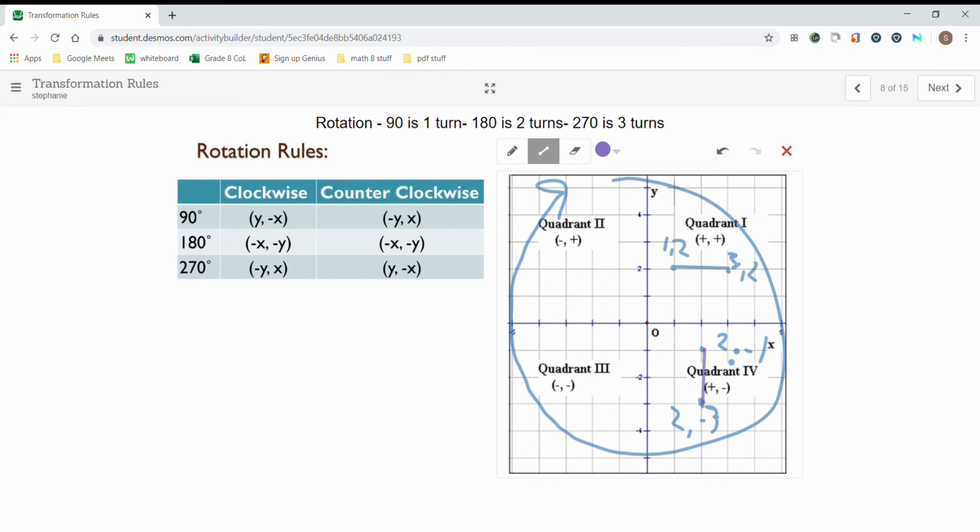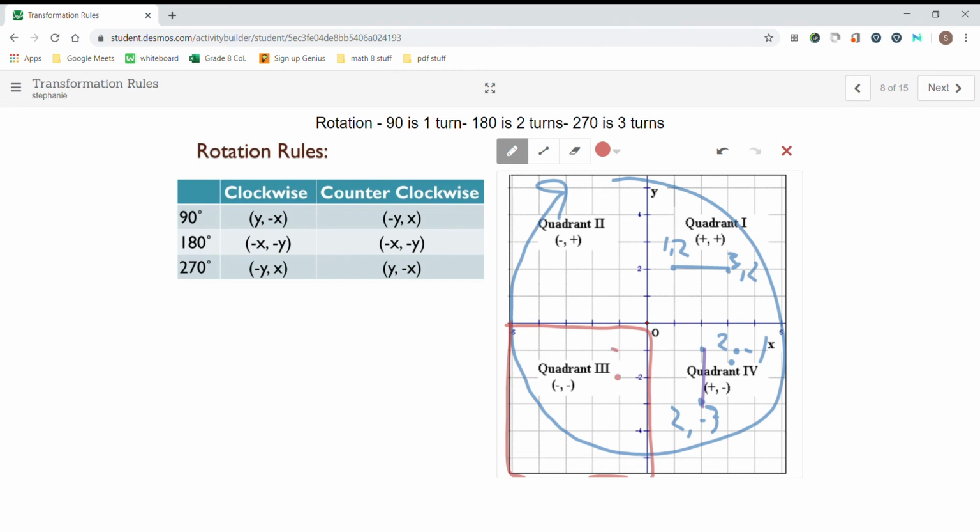So if I had 1, 2, and I'm going to now rotate it 180, I know that it's going to be over here. So 1, 2, I look over at my 180. Everything just changes sign. So positive 1, positive 2 is going to become negative 1, negative 2.